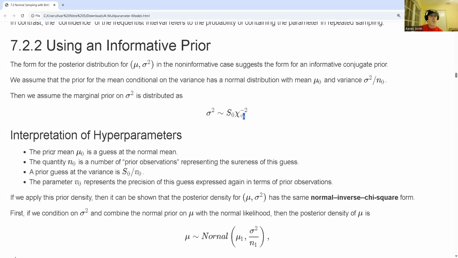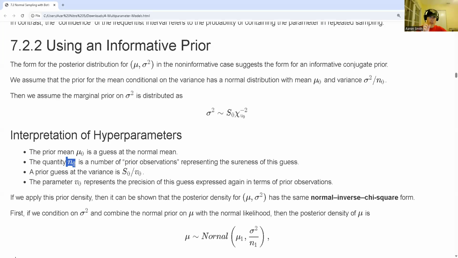All right, so the prior mean is mu naught. This is like our best guess of the mean that we're trying to get. N naught is a number of prior observations. And so this reflects how confident I am in the results. Remember that if I'm very, very confident in my prior, I'm going to give it very little variance.